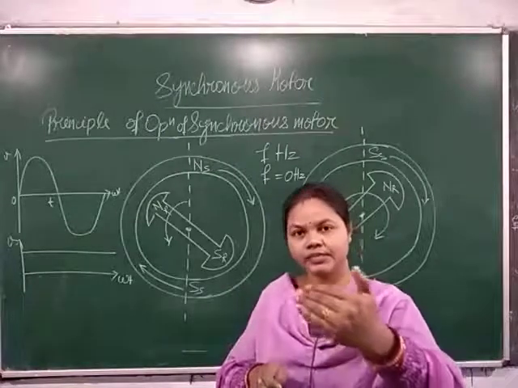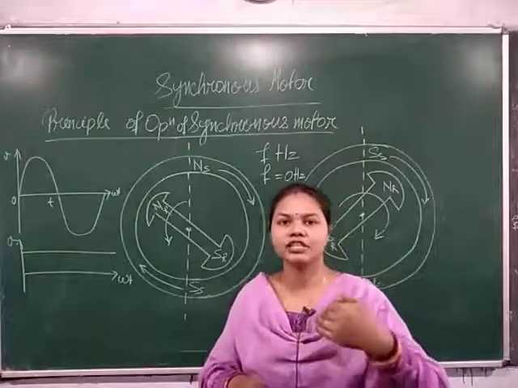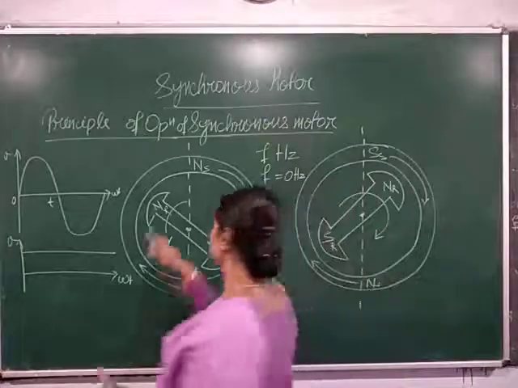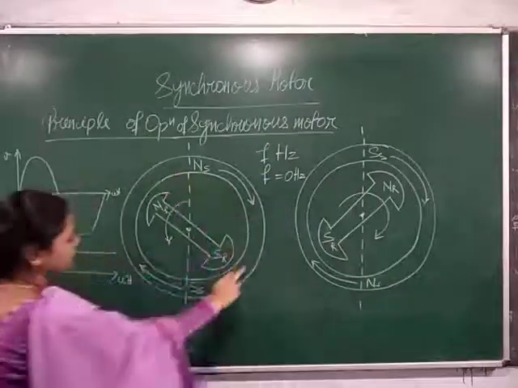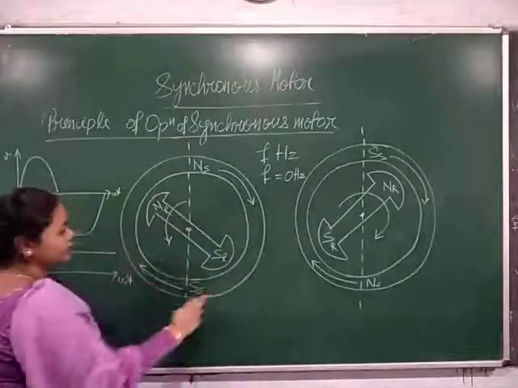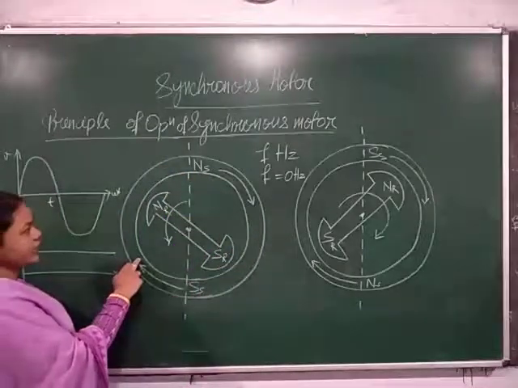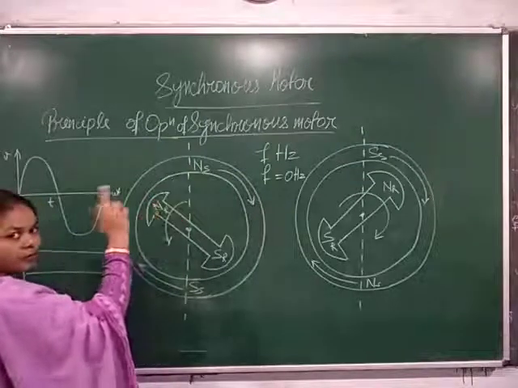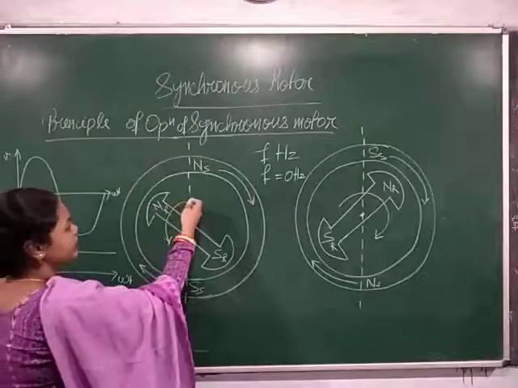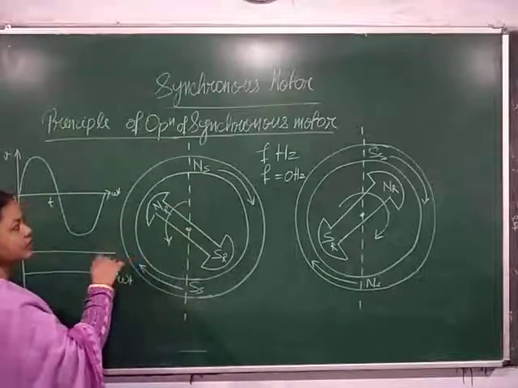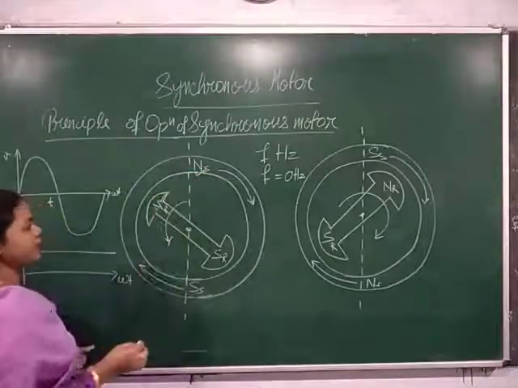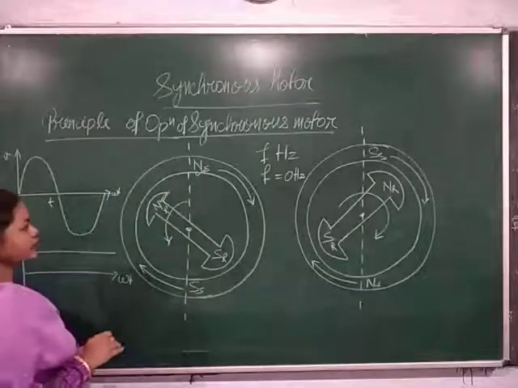Now the rotating revolving magnetic field rotates synchronously, and these two stator and rotor poles are placed towards each other, so this stator pole and this rotor pole repel each other.